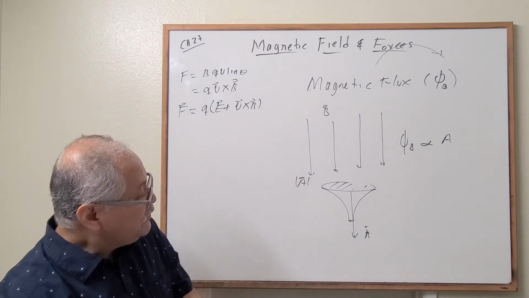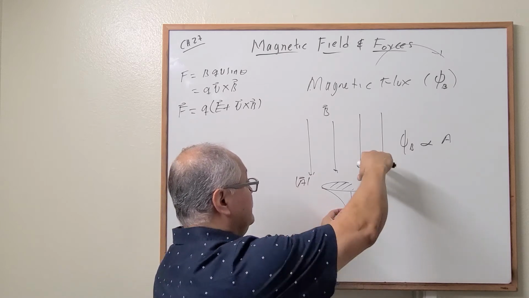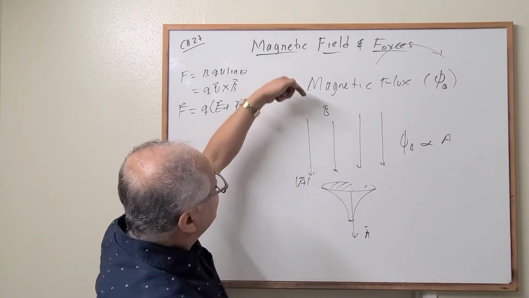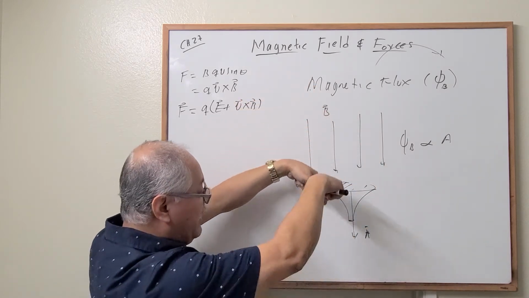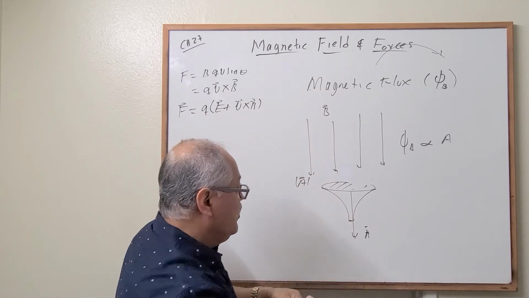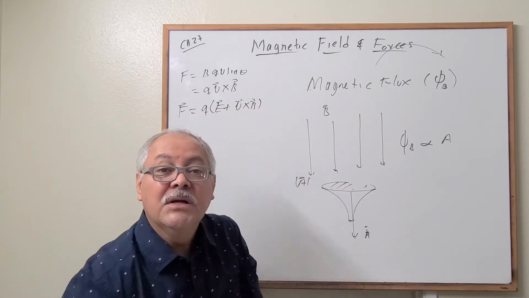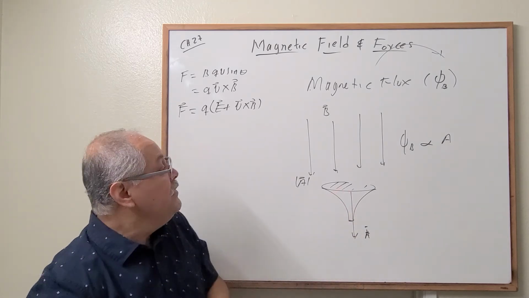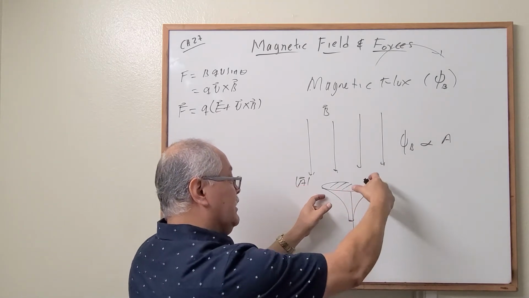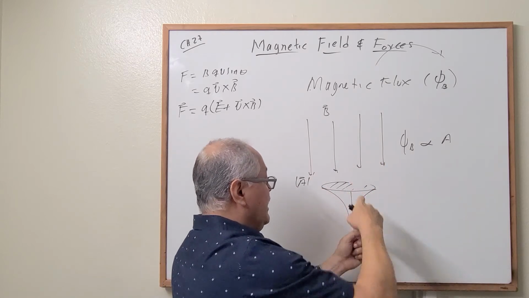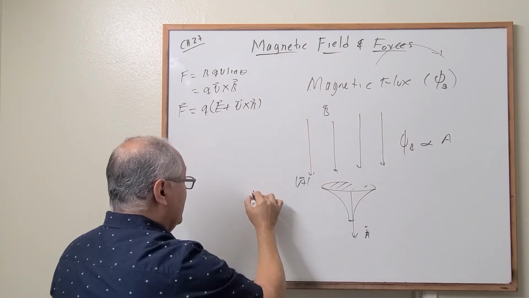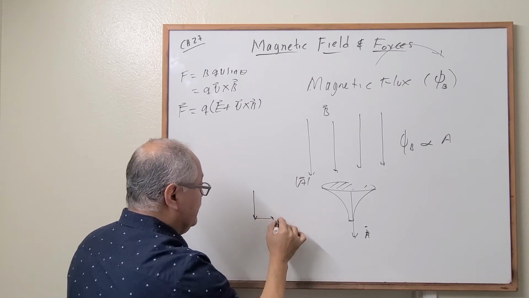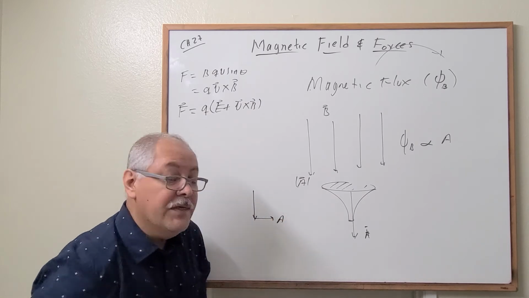Also, look, if we change the angle, when the magnetic field is parallel to the area, we have the maximum magnetic flux going through this opening. Now, what happens if we rotate the funnel, and the magnetic lines are perpendicular to the direction of the area?